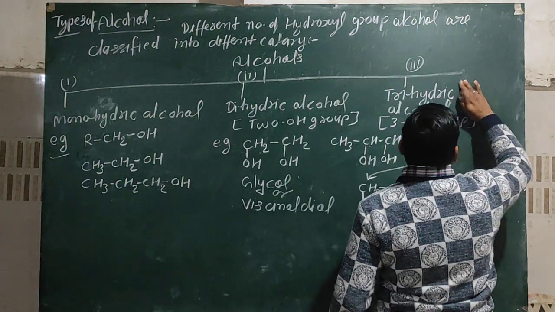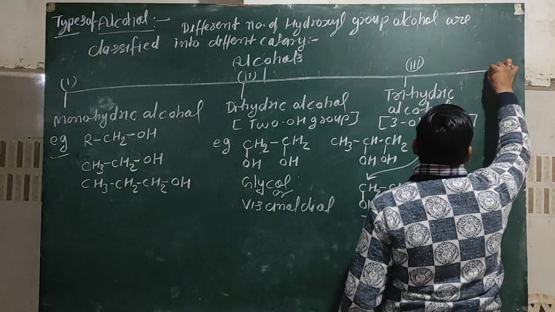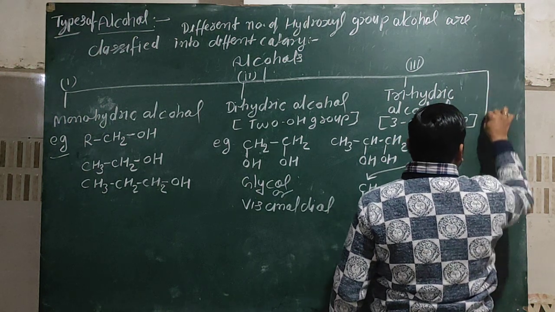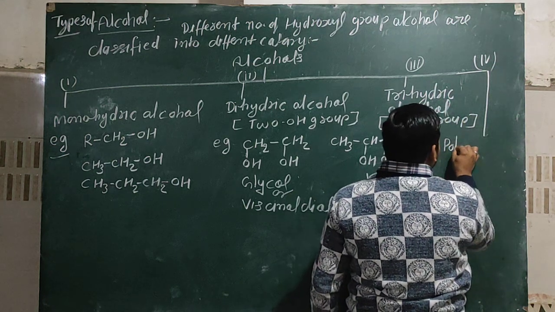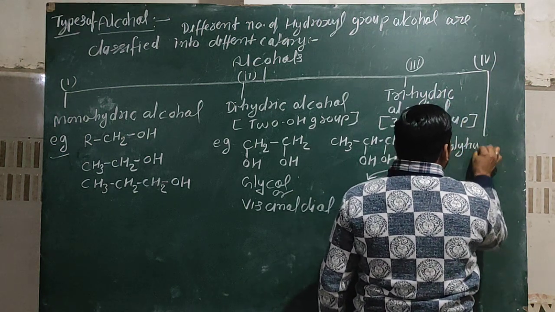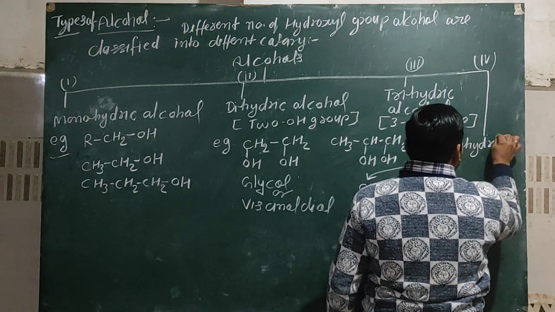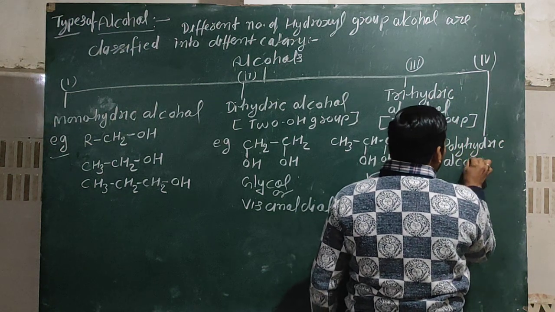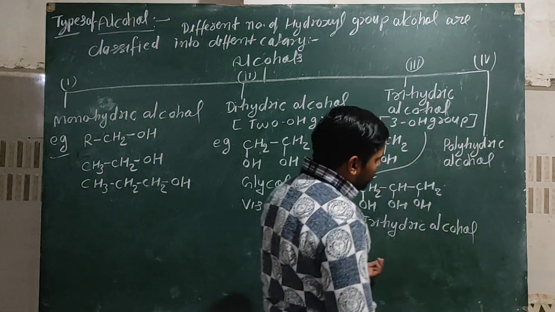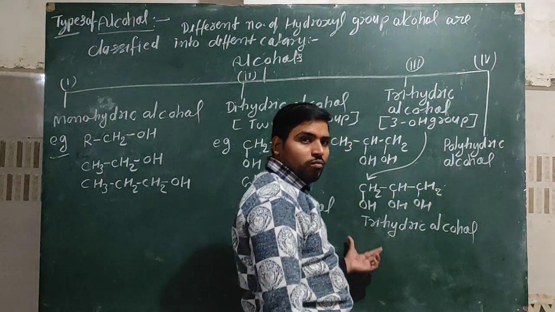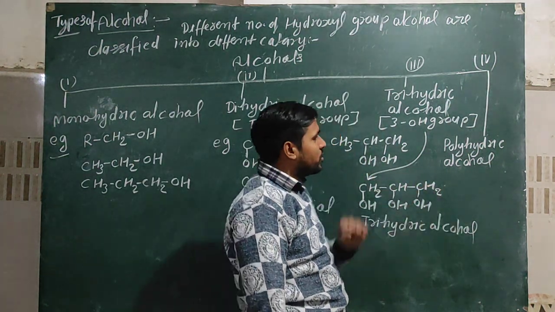The fourth category of alcohol is known as polyhydric alcohol. Polyhydric alcohols are those which contain more than 3 OH groups in their structure.